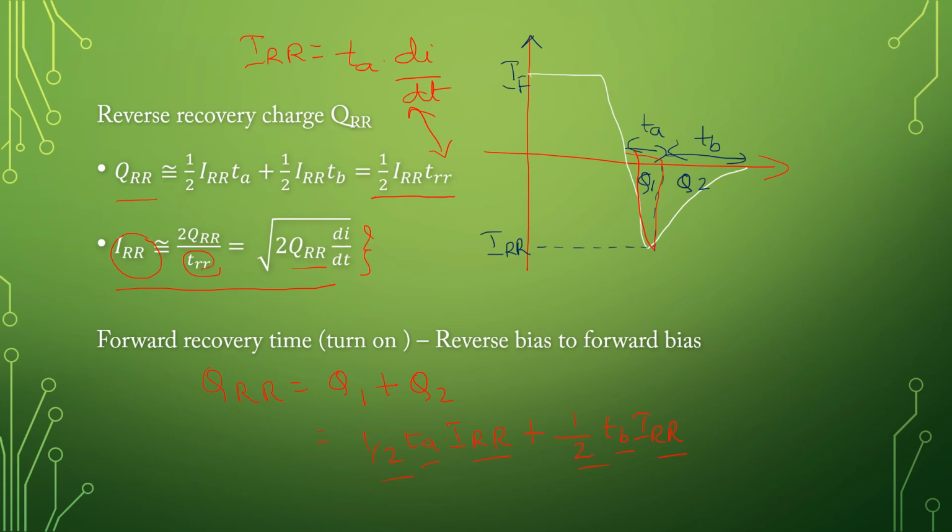The charge storage is also dependent on the forward current IF. When we design, we should keep in mind the IRR, the softness factor and the reverse charge QRR, which is mentioned in the data sheet.